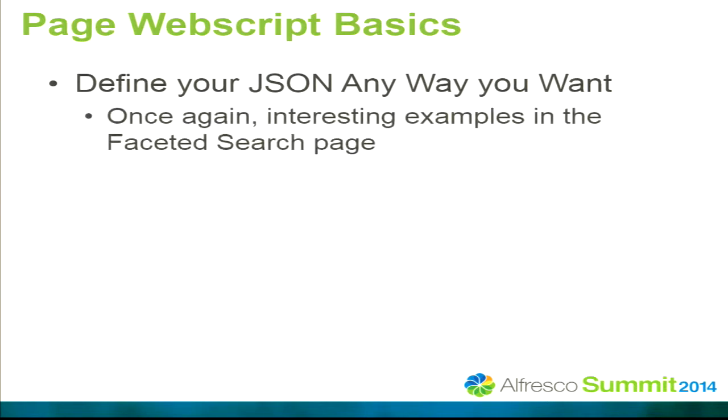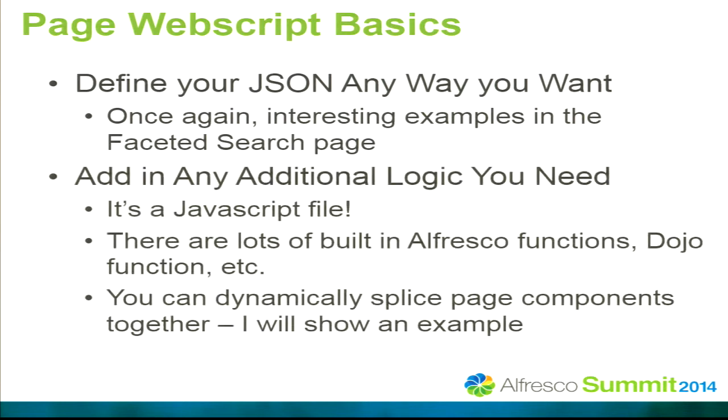And there's some really interesting examples if you look at the faceted search page, which is the production page that we have set up right now that uses Aikau. That page actually has some intermixed JSON and JavaScript in it. It really does dynamically generate a page, and I'll show you that in a couple of minutes. And then, of course, you can add in any additional logic that you want in there, just like I was just saying.